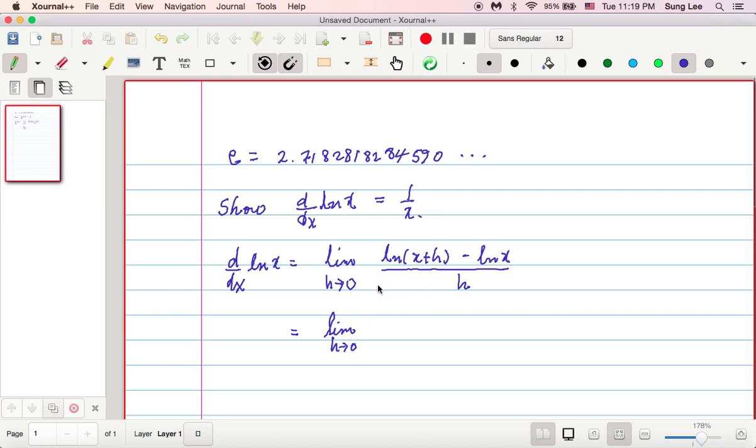the numerator can be written as ln of (x plus h) over x, and then we have this over h. So the denominator can be moved to 1 over h here, right?